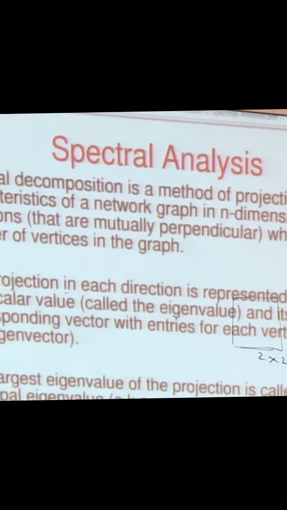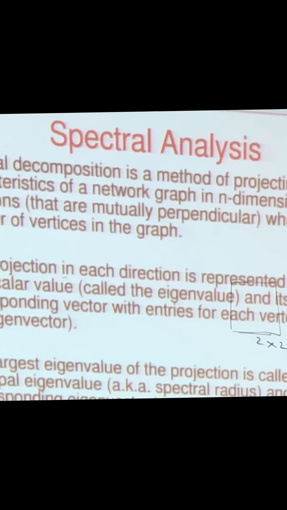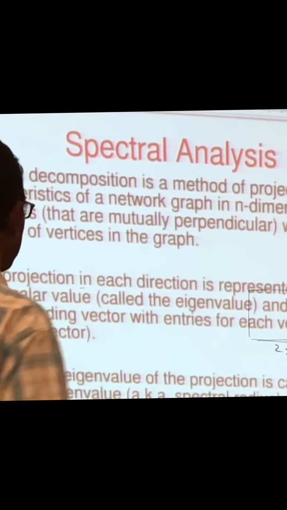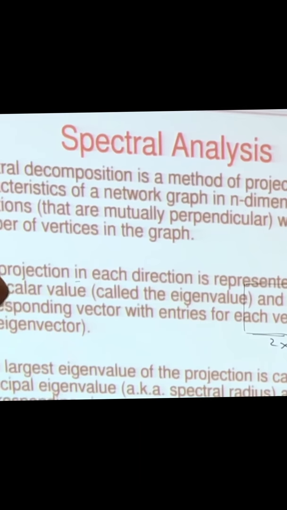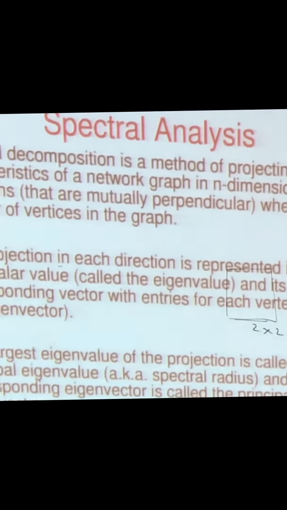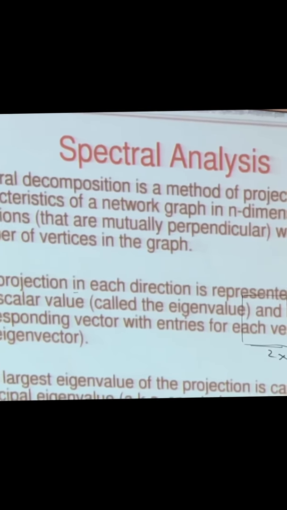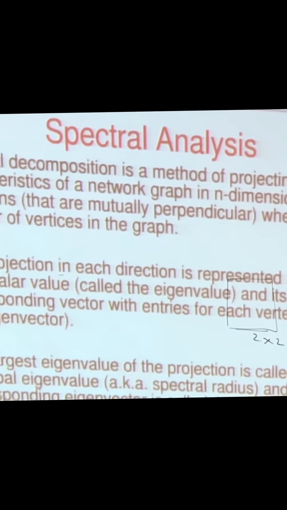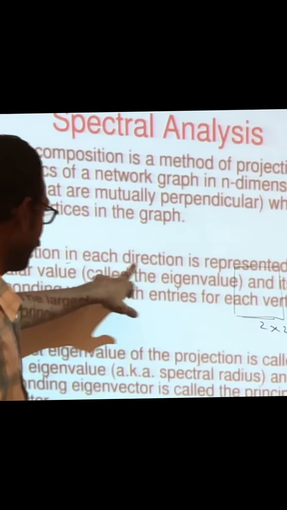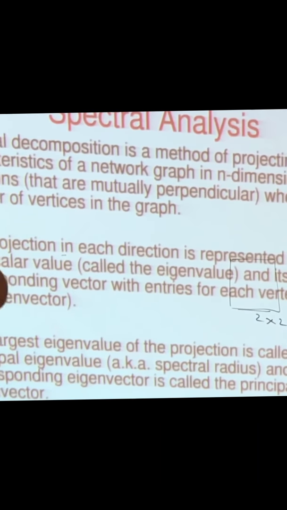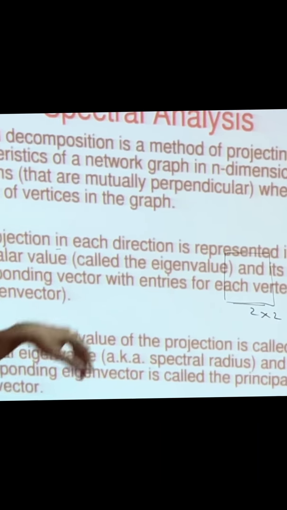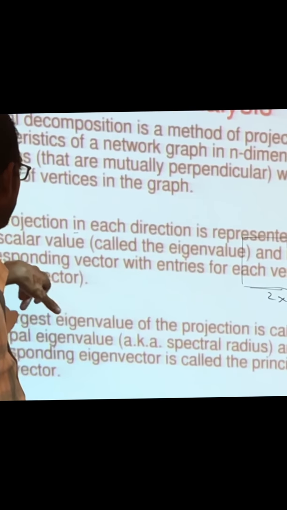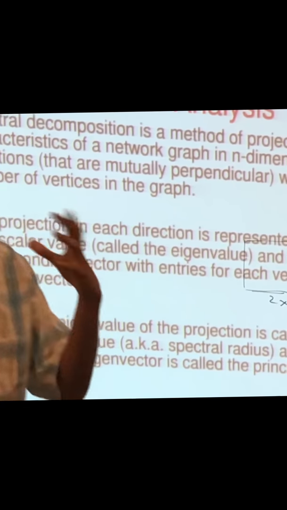Okay, so now if you look again at the definition of what spectral analysis is, it is trying to understand the characteristics of the network graph by doing what's called spectral decomposition in n dimensions. How much you are able to get for each dimension, for each direction, the extent to which you can do that, is called the eigenvalue, and the corresponding vector is called the eigenvector.